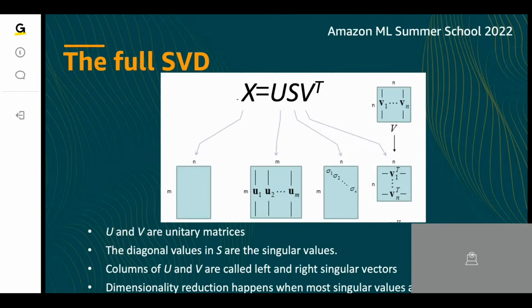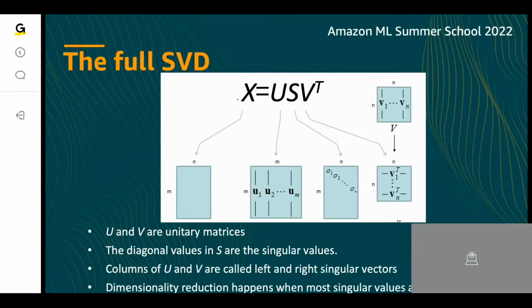And what you're trying to get to is a representation where these can be represented by very few basis vectors themselves, right? So you express the matrix X as a matrix multiplication of the matrix U, which is an m cross m matrix, matrix S, which is an m cross n matrix, and then a matrix V transpose, which is an n cross n matrix.